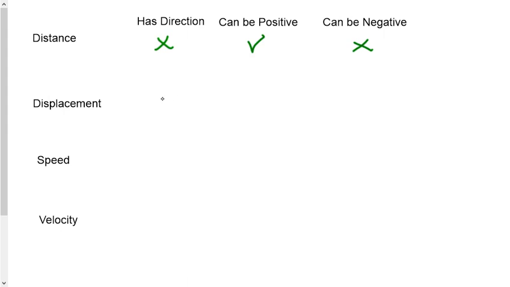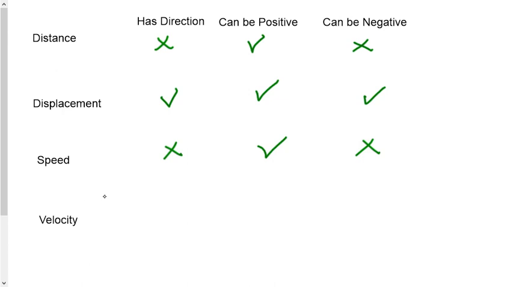So you can think of distance as being the absolute value of displacement. Displacement, on the other hand, has a direction because it is a vector. It can be both positive and negative. And we'll see the same thing for speed. Speed is not a vector, so it does not have direction associated with it. It can be positive, and again, must be positive. It's like the absolute value of velocity, so it can't be negative.